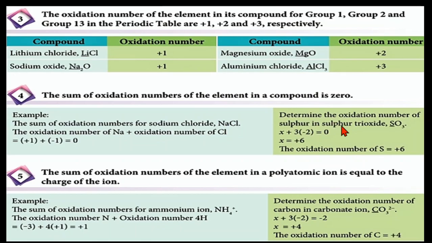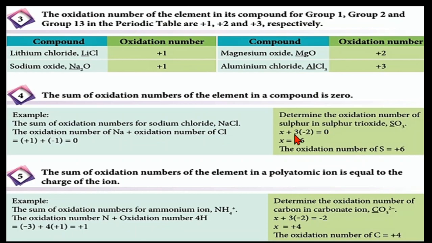Example, sulfur trioxide SO3. Determine the oxidation number of sulfur in sulfur trioxide. We want to find the oxidation number of sulfur only, the S only. So we write S as x, because we don't know it. Plus we have 3 oxygen, and oxide has a charge of negative 2.